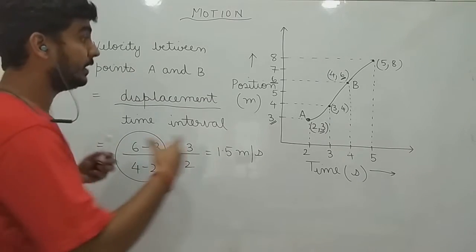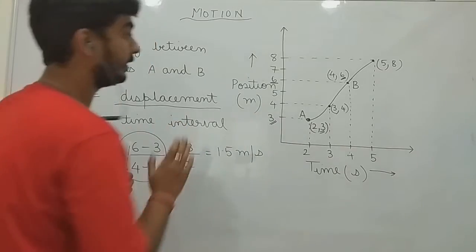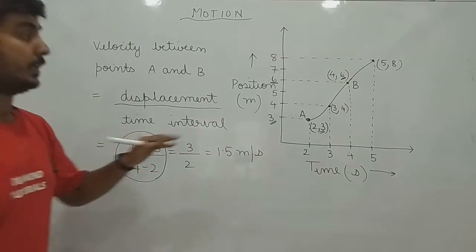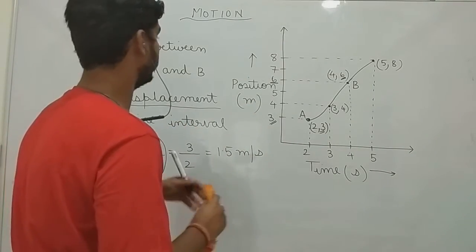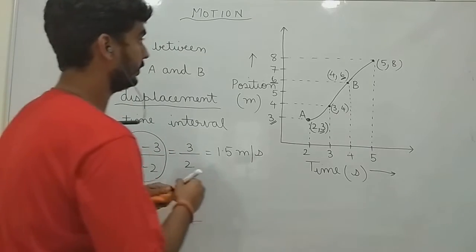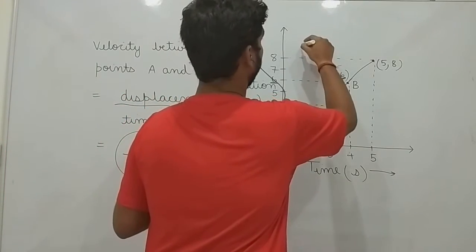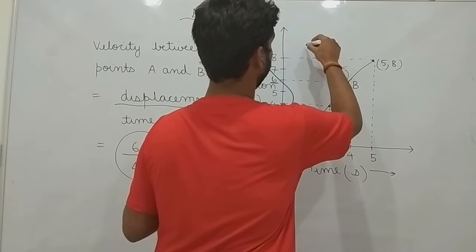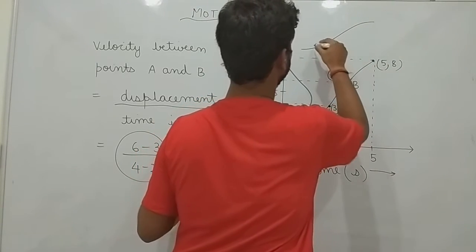If I assign generalized coordinates to A and B, suppose I draw this curve like this.